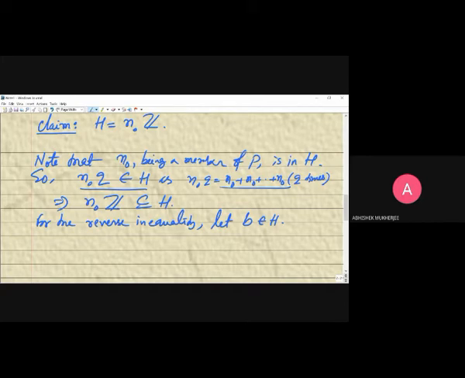That means N naught will divide B. So here the division algorithm comes into play.